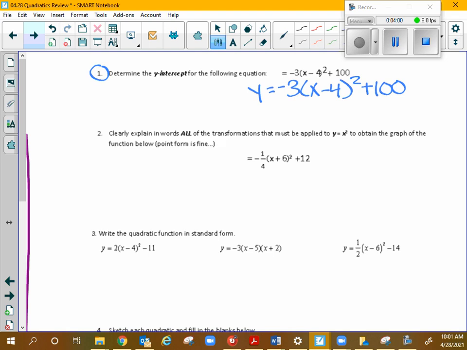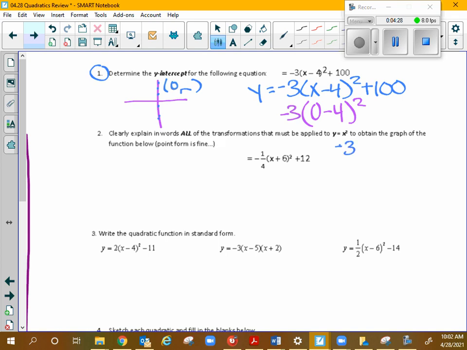Right across the y-axis, but what's always true? X equals 0. So I'm going to plug in 0 for x. What's 0 minus 4? Negative 4. Because on a graph, your y-intercept always has an x value of 0.